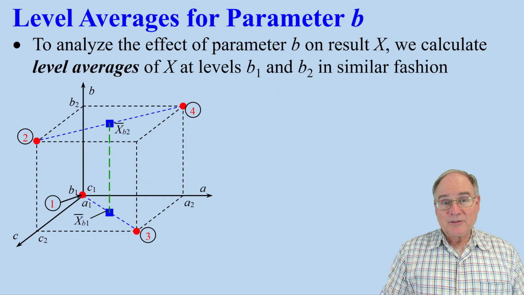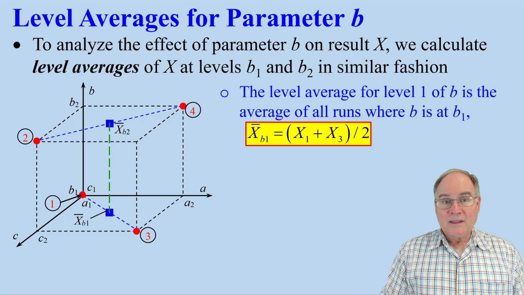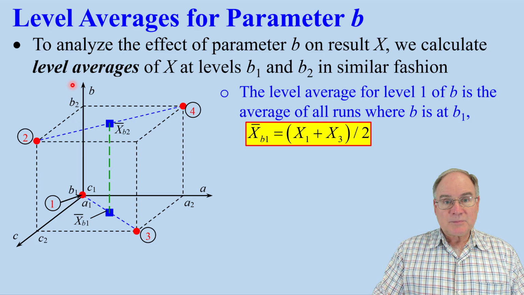I do the same thing for parameters B and C. The level average for level B1 is the average of all runs where B is at B1. Since B is the vertical axis here, those would be runs 1 and 3, and x B1 average is here, the average of X1 and X3.